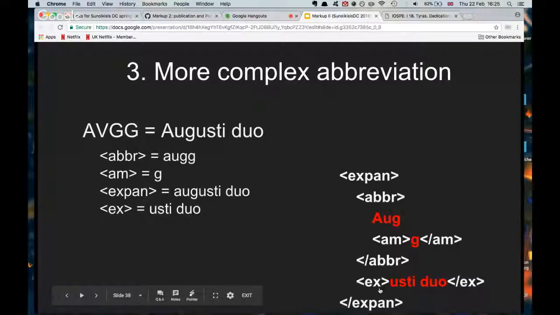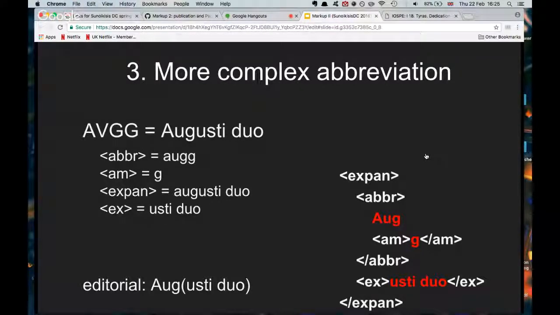And then in the ex, we have our expansion of this abbreviation. In the editorial display, we will get Augusti II with our expansion in brackets and without the extra G, since the extra G means usti II, basically. In the diplomatic, we get the two Gs, all capitals, no expansion, as we would expect.